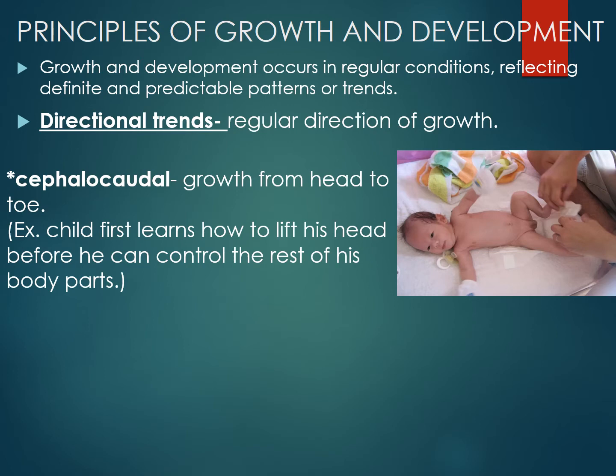Aside from that, makikita din natin that the child first learns to lift his head before he can control the rest of his body parts. That is also a sign of development that is cephalocaudal. Unang nakokontrol ng bata yung kanyang ulo, tumatango-tango siya, before he can control the rest of his body parts.